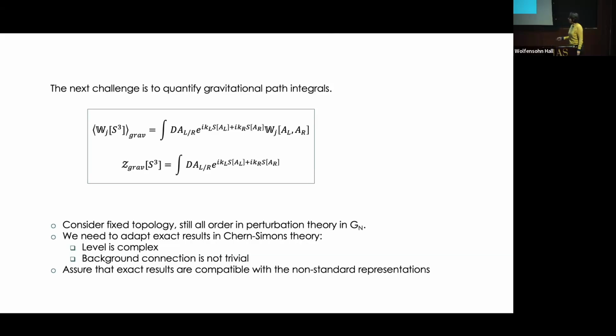Okay, and the third point that you might be worried is that usually when people evaluate, for instance, a single Wilson loop in Chern-Simons theory, it usually uses just the normal unitary representations. Here we also have this extra layer that I'm using these funny kind of non-standard representations. So we also have to make sure that when you insert these non-standard representations in the Chern-Simons path integral, they give you reasonable results. Okay, so there's all these layers that go through.